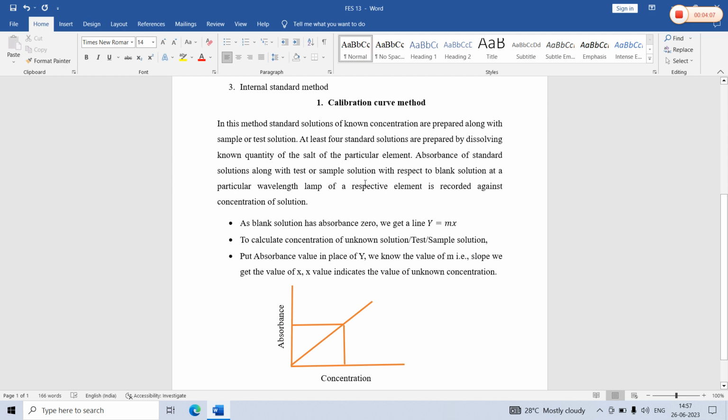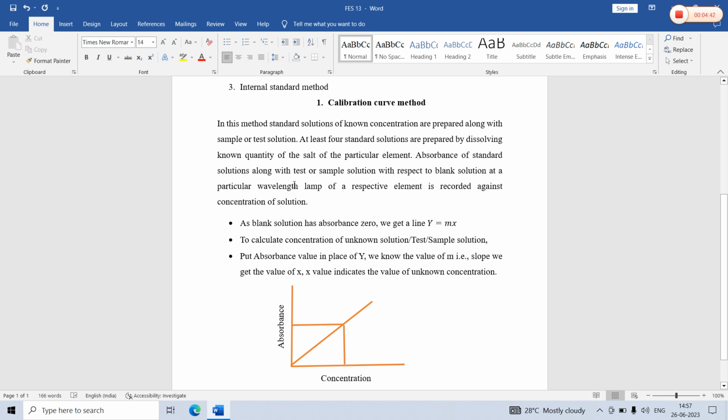The solution is prepared from the salt of the particular element. For example, if we want to determine calcium, then we prepare a calcium chloride solution. If we have to determine potassium, then we prepare a potassium chloride solution.